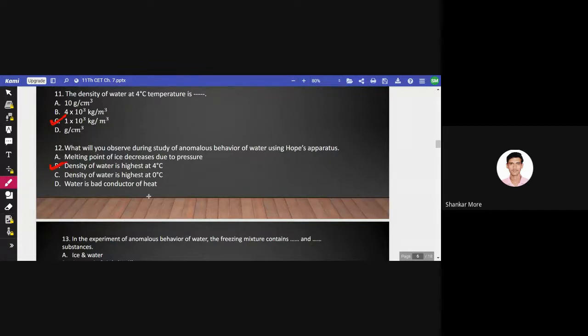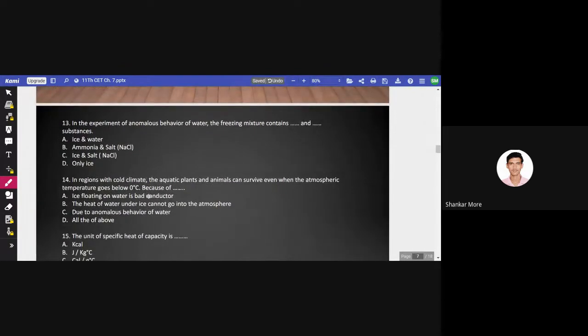So let's go further. In the experiment of anomalous behavior of water, the freezing mixture contains dash and dash. I just called it out. If somebody heard, you can write the complete name now because it's a small one, isn't it? Ice and salt, ice and water.